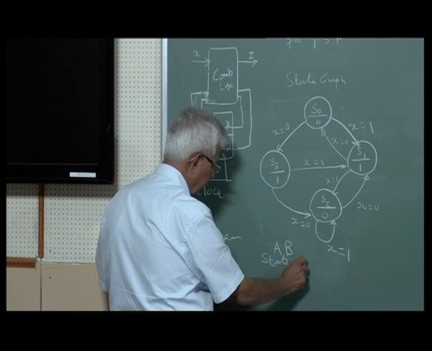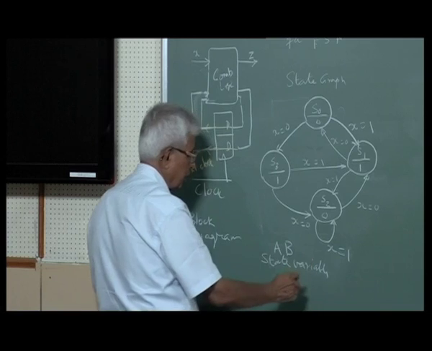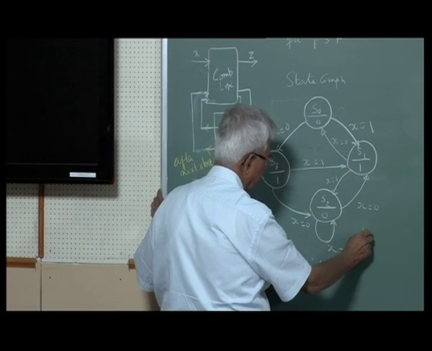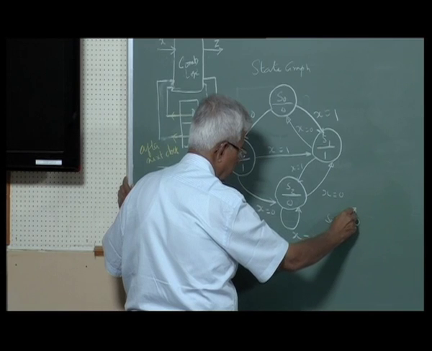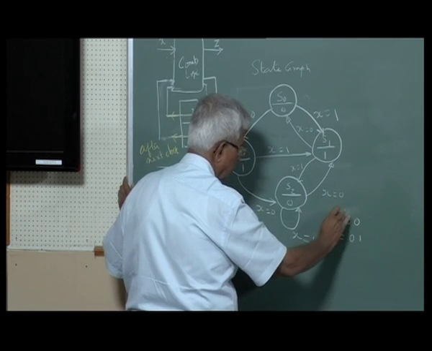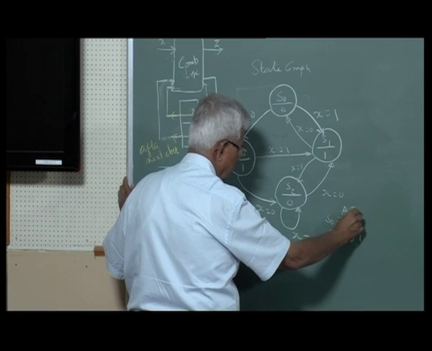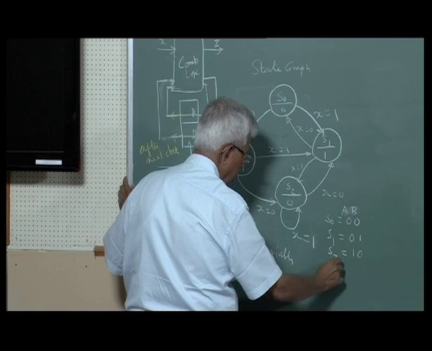There are 2 state variables A and B. That means S0 is 0, 0. S1 is 0, 1. S2 is 1, 0. S3 is 1, 1.